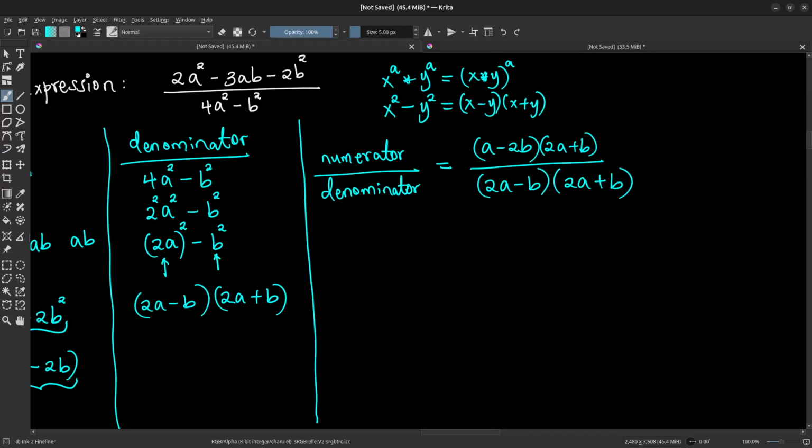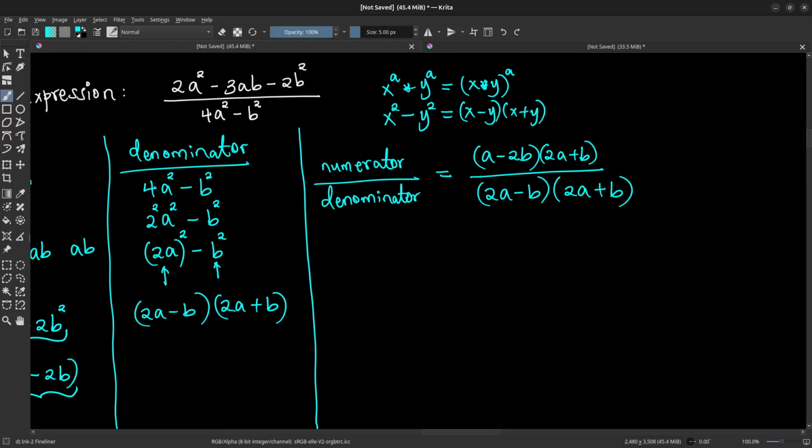The common term between the numerator and the denominator is 2a plus b. So 2a plus b divided by 2a plus b is 1, and we are going to be left with a minus 2b all over 2a minus b. And this is your simplification.